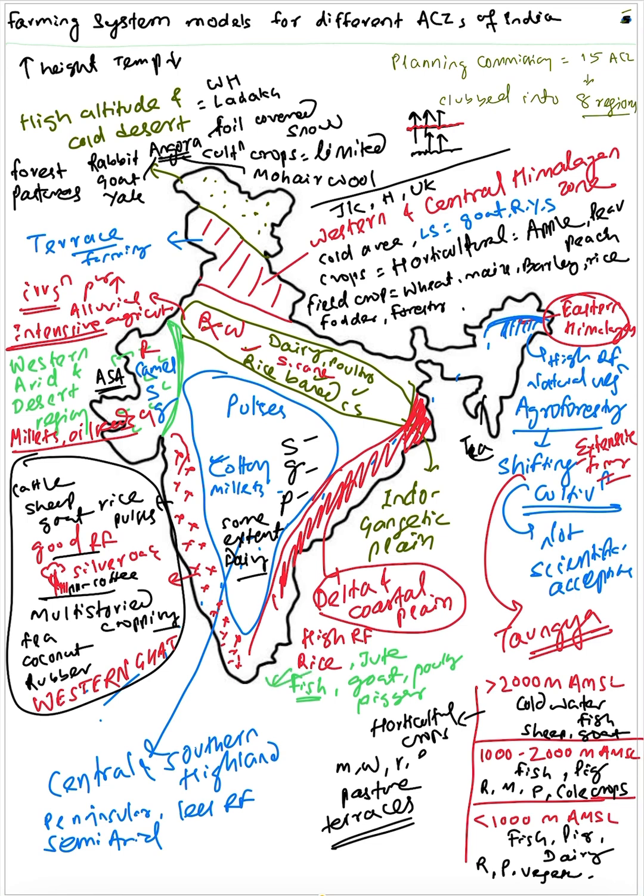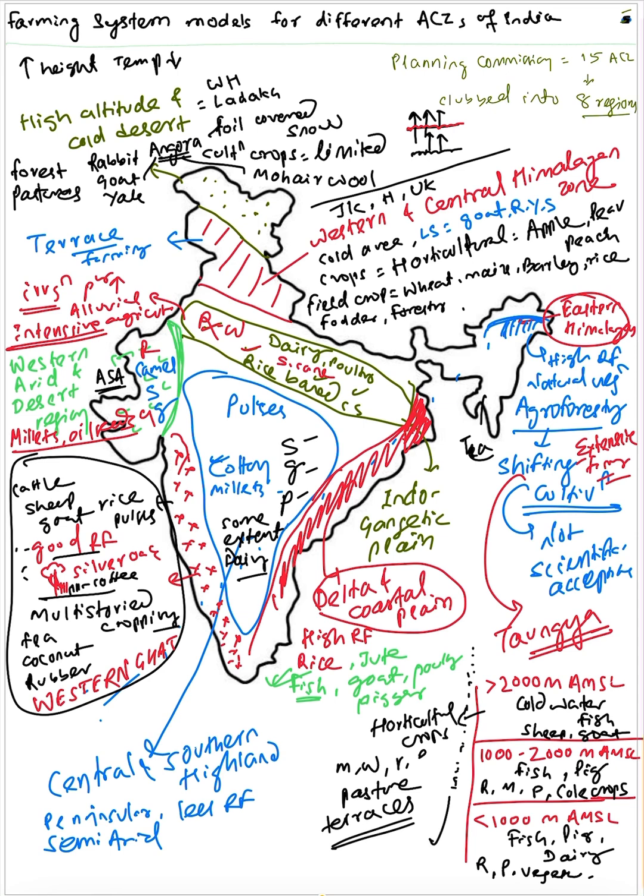This is the thing with respect to the farming system models for different agroclimatic zones of India. And the last one we can include is the different island zones, whether it is in Andaman Nicobar or Lakshadweep.